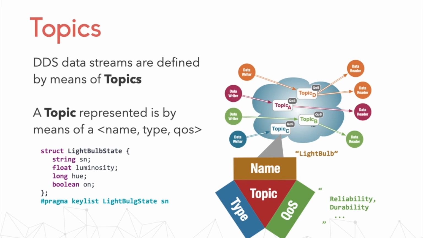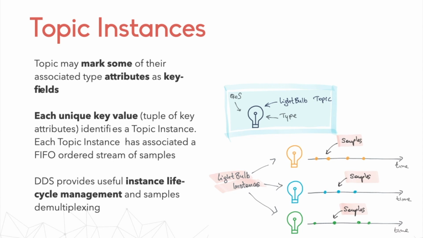Something that we have not discussed yet is the concept of instance. In DDS, when defining a topic, you might mark some of the associated type's attributes as being key fields. The consequence of this is that for each unique key value, you identify a topic instance, and each topic instance has associated with it a FIFO ordered stream of samples.